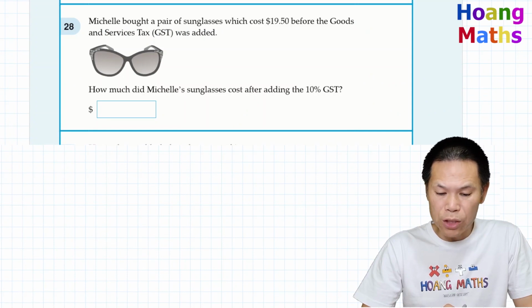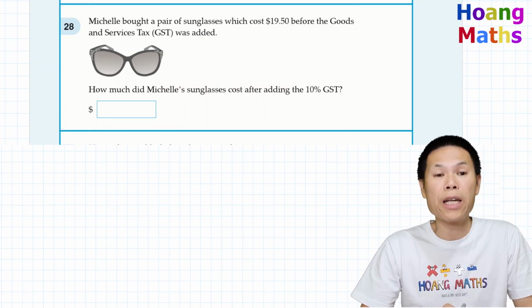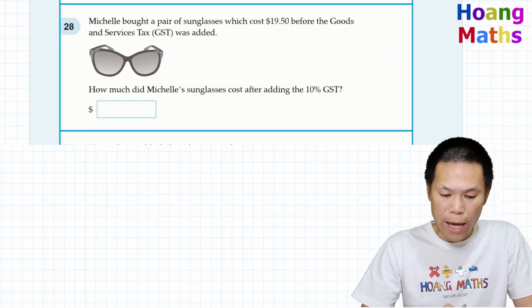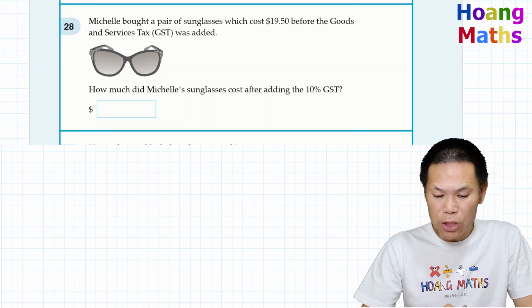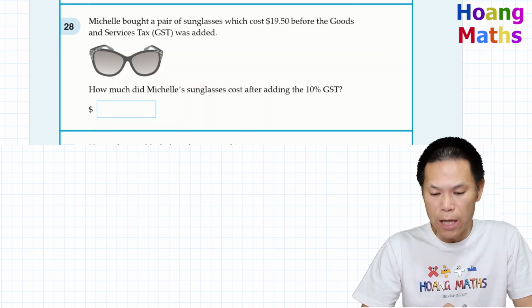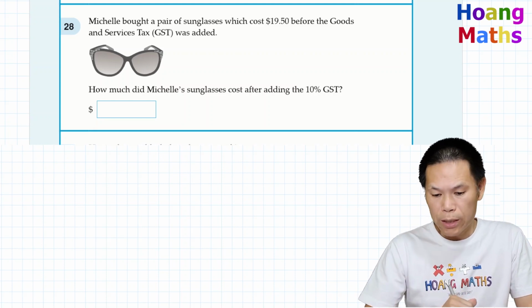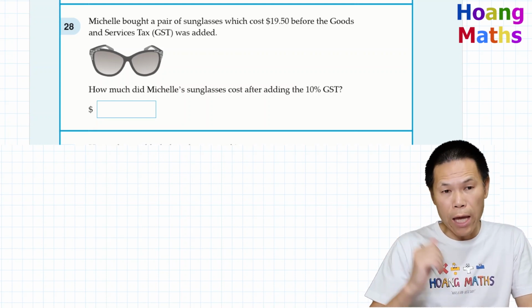Michelle bought a pair of sunglasses which cost $19.50 before goods and services tax, GST, was added. How much did Michelle's sunglasses cost after adding the 10% GST? We just need to work out 10% for the GST and add it on top.